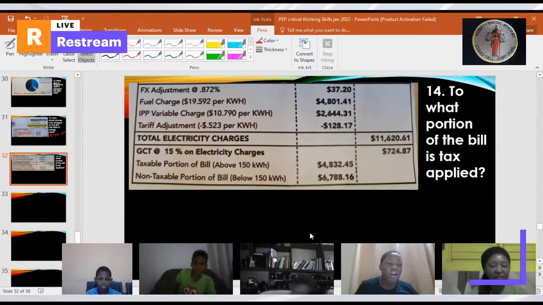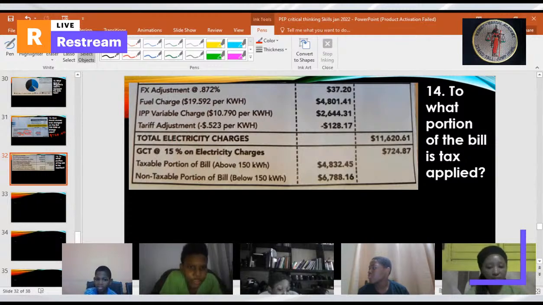Read the bill carefully. Jaden, read the bill for me from FX adjustment. You don't have to read the figures, just read the labels on the left. Okay, Miss. FX adjustment 872%. Fuel charge $19.592 per kilowatt. Variable charge $10.790 per kilowatt.